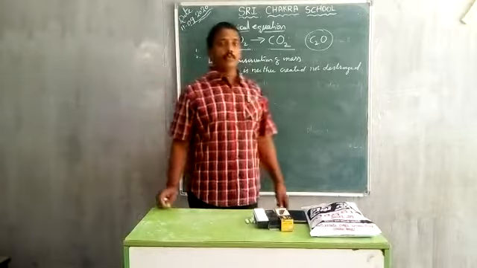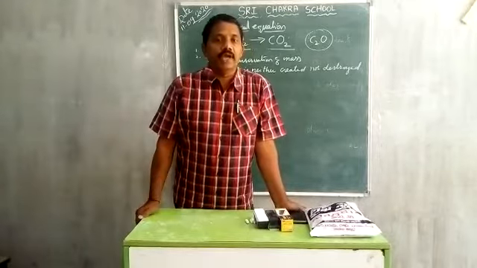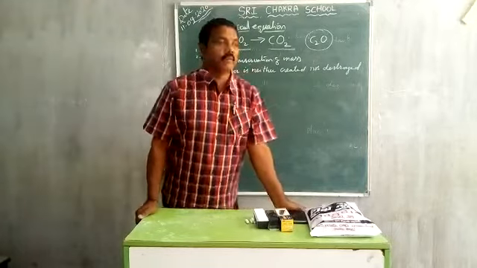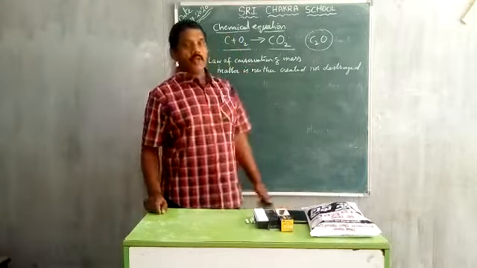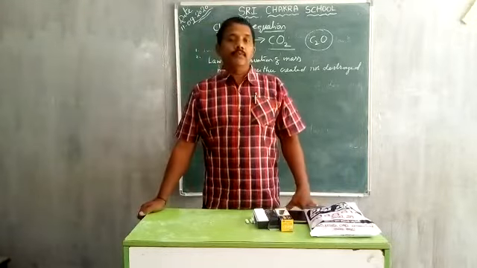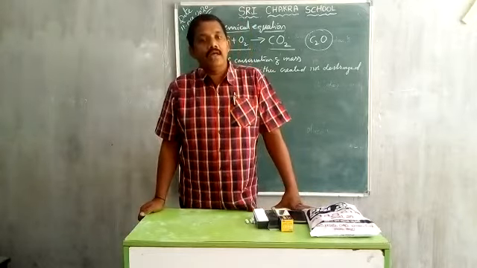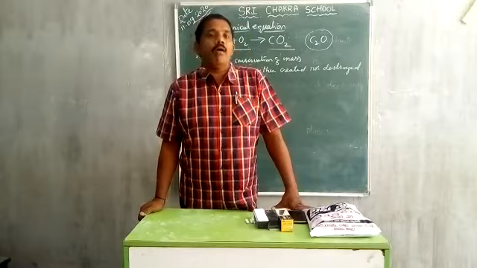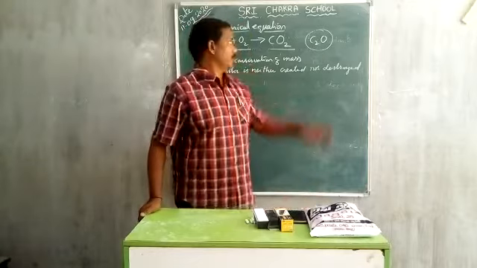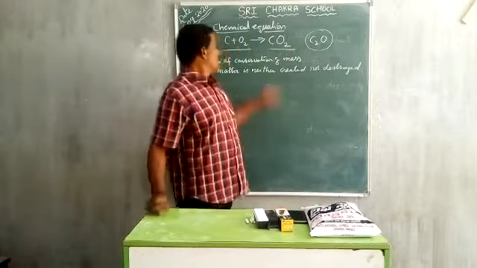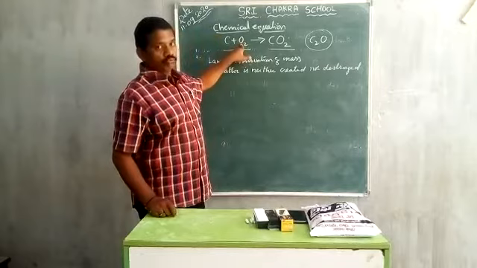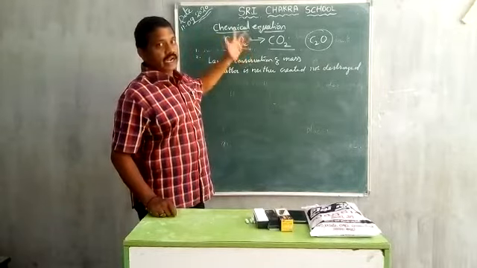Next, the two principles of a chemical equation are: number one, every chemical compound has a formula which cannot be altered. Just now I have told you, taking carbon dioxide. Here is oxygen, O2. Its formula is O2. That cannot be changed.